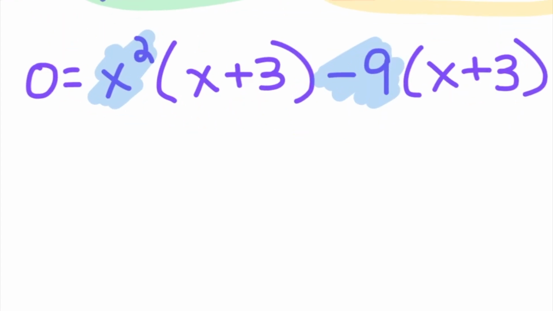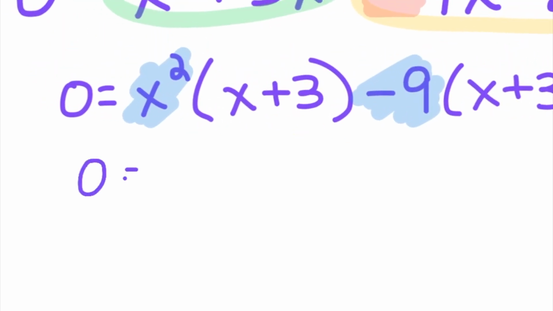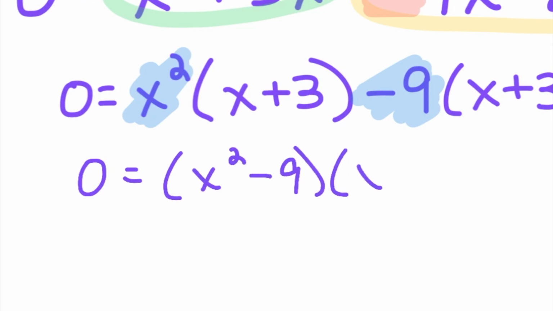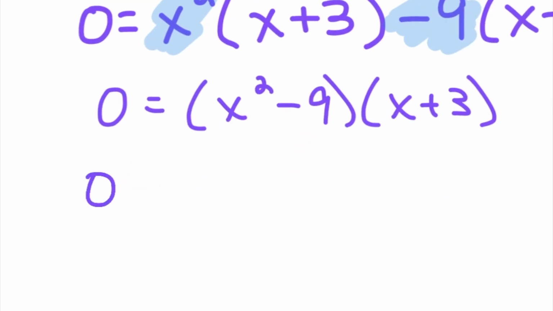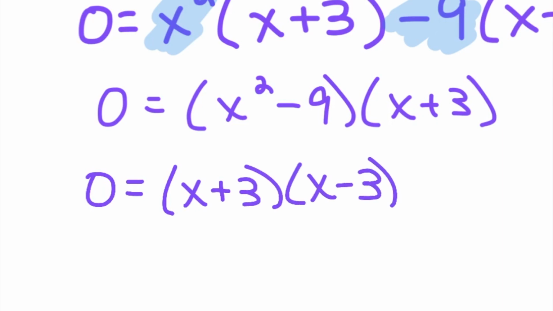And so here you've got 0 equals x squared minus 9 times x plus 3. Factor it one more step, and you'll have 0 equals x plus 3, x minus 3. And then bring down that other x plus 3.